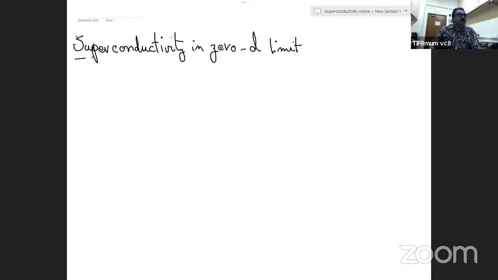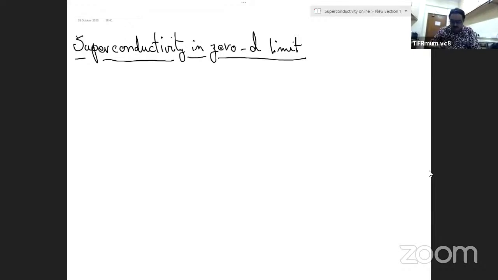Okay, first let's discuss superconductivity in what we call the zero-dimensional limit. Zero-dimensional limit is just a nomenclature, slightly misleading, but it's used quite extensively, and it refers to small particles.